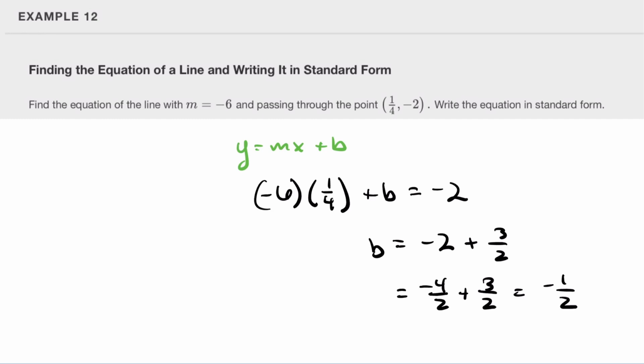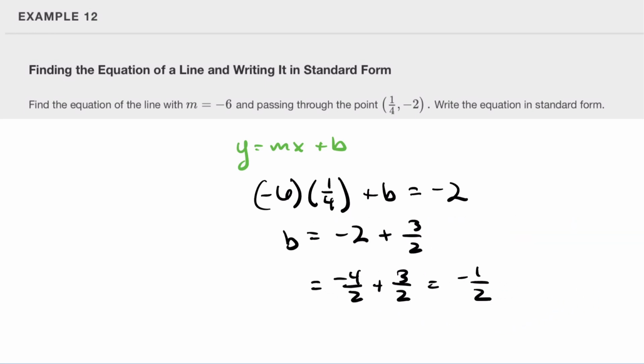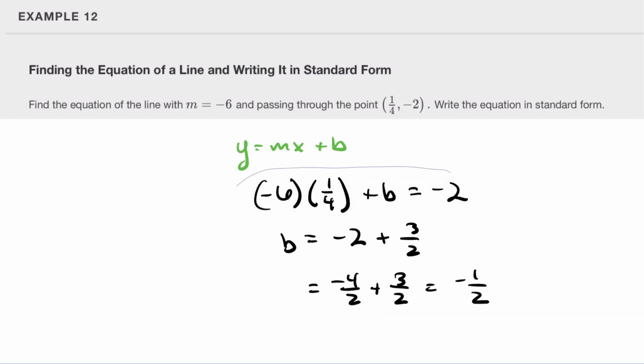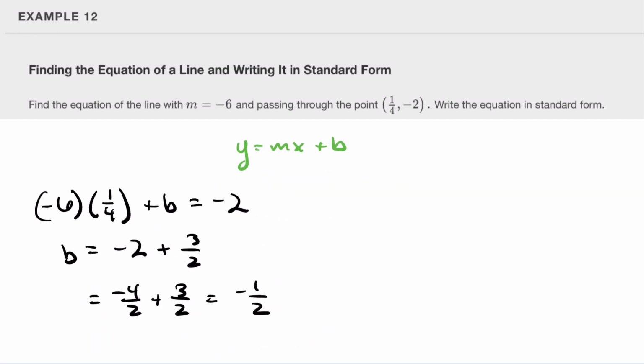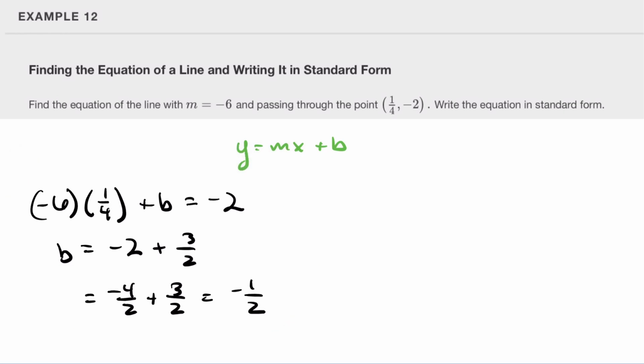So our claim is that y equals -6x minus a half. To write this in standard form, I'm going to multiply everything by 2 because of that denominator.